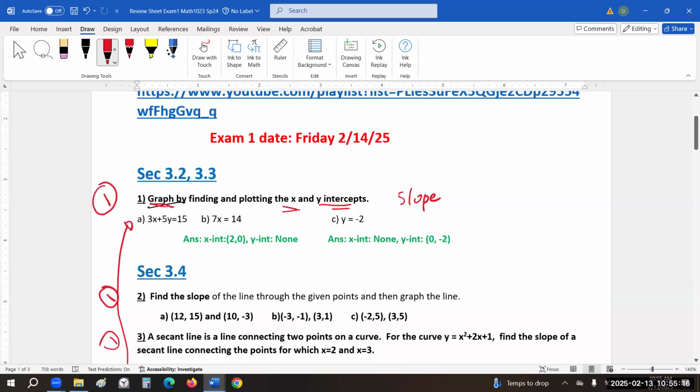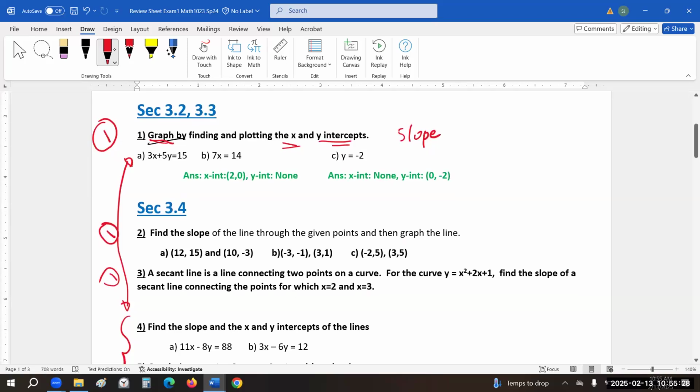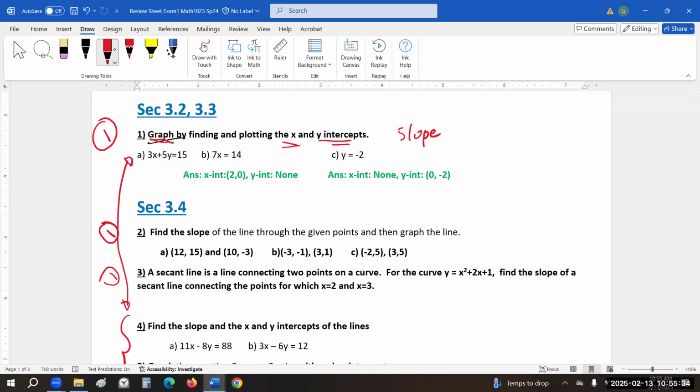So from question 1, there will be one with 4 parts: x-intercept, y-intercept, slope, and graph. So one question with 4 parts. How much is each question? Total 100%.